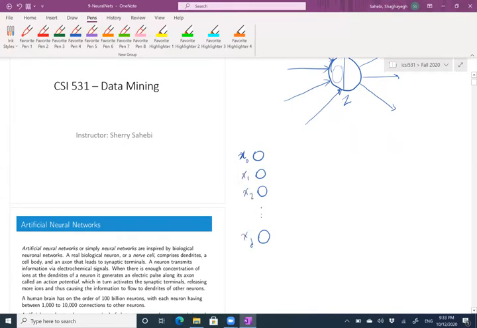These are our input nodes, and they are all connected to a neuron. This is the simplest case that we can have for a neural network, and they all have different weights. So we have W0, W1, W2 until WD, and suppose that we have one output here.